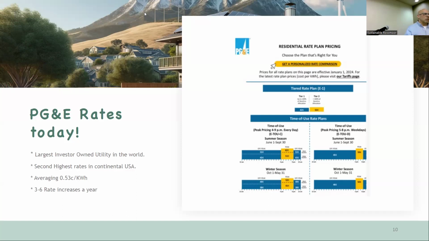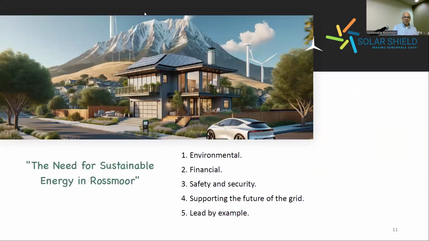Turlock, Modesto, Lodi, all have individual power. Roseville as well have individual power. Municipal, which is not a for-profit establishment, and they apparently can manage to get their rates. By the way, Menlo Park as well are in a good position.